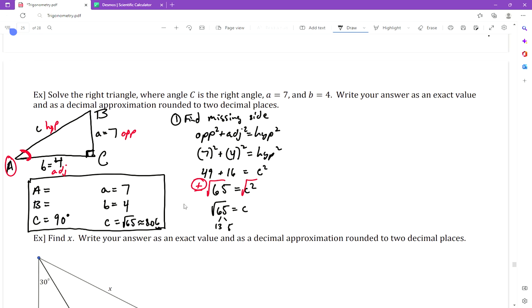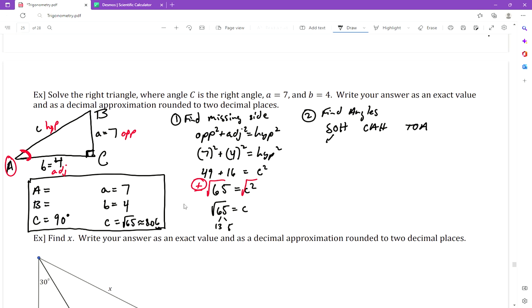Our second step in this problem, and maybe we could have done it first, is to get the angles. To find the angles, that's where we can use SOHCAHTOA. Using SOHCAHTOA, and again, angle A is how I have the triangle matched with my opposite, adjacent, and hypotenuse.